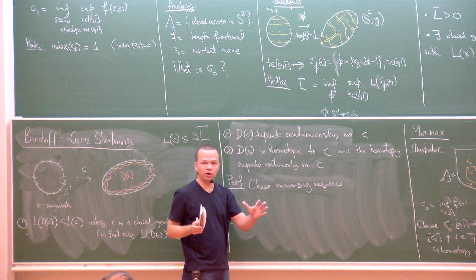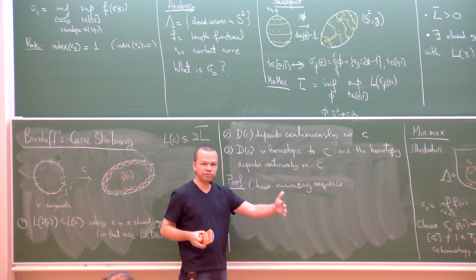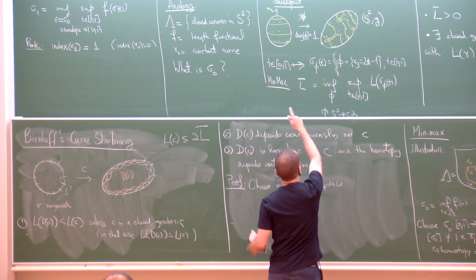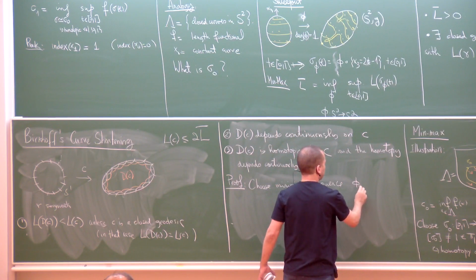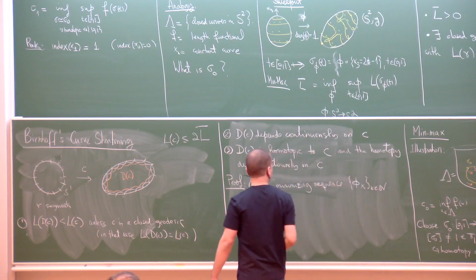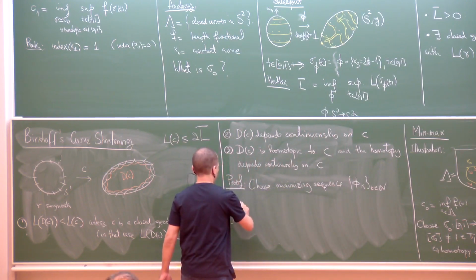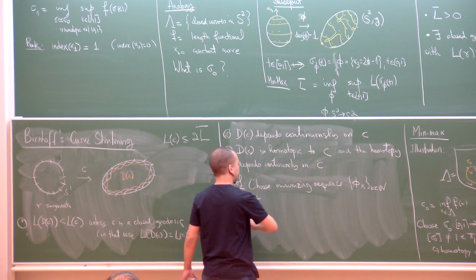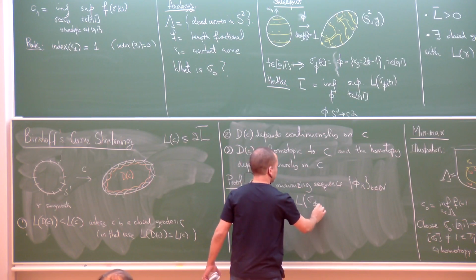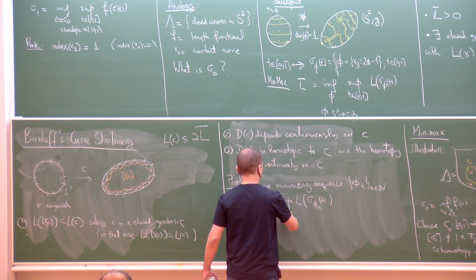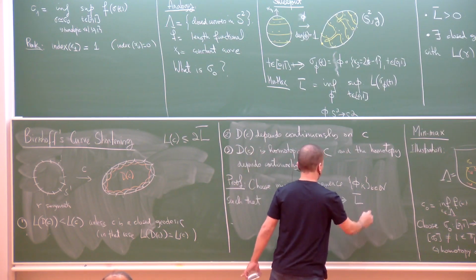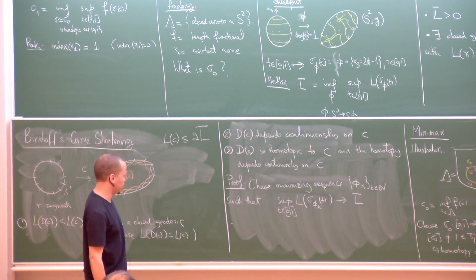A minimizing sequence is a family of sweep outs such that the sup of the length is converging to the optimal number. In this case, the sweep out is parameterized by a map, so it's going to be a sequence of phi_k such that the sup of the length of the corresponding sweep outs is converging to the optimal number L bar. So choose a minimizing sequence, we can always do that.